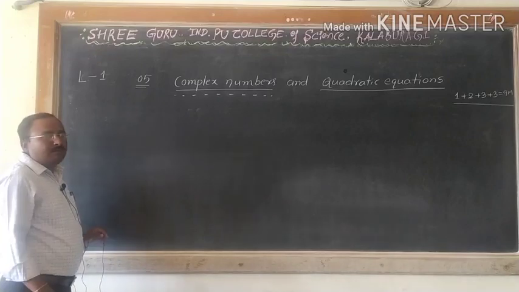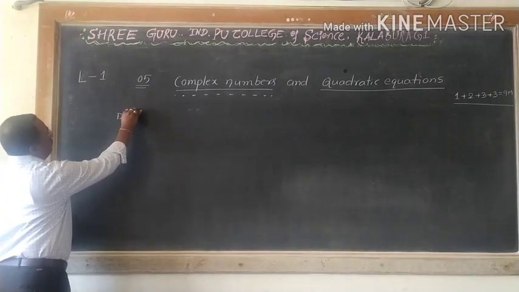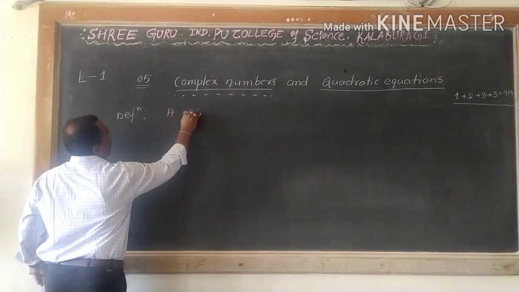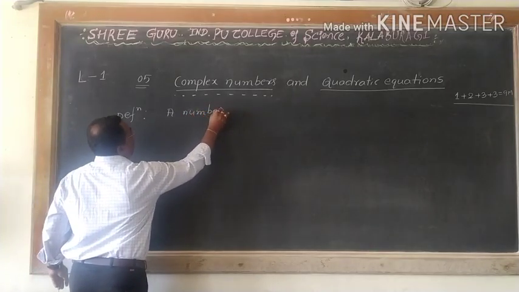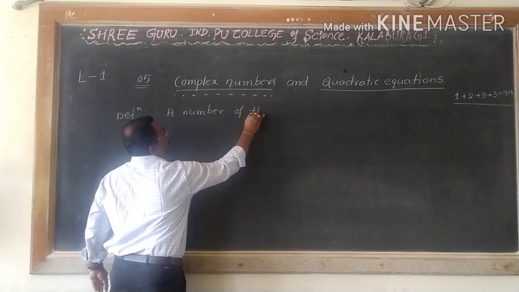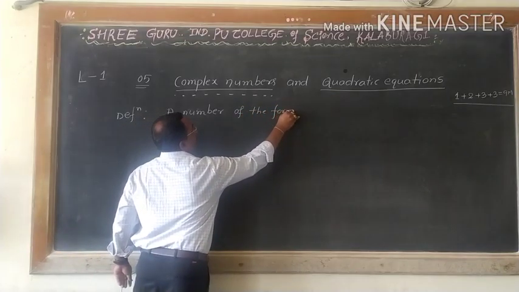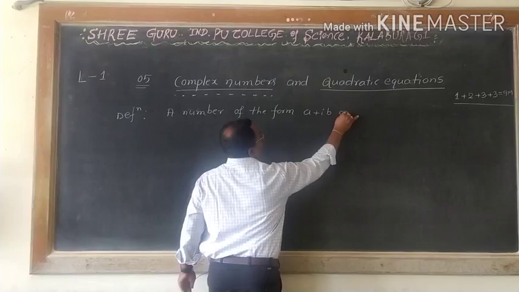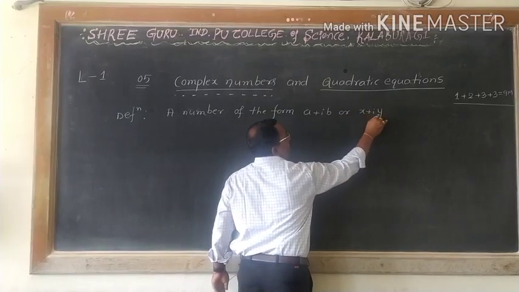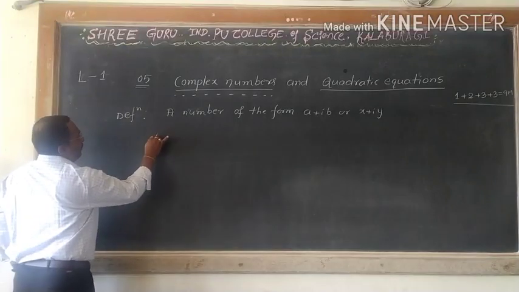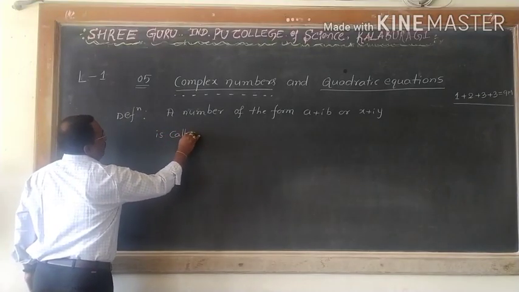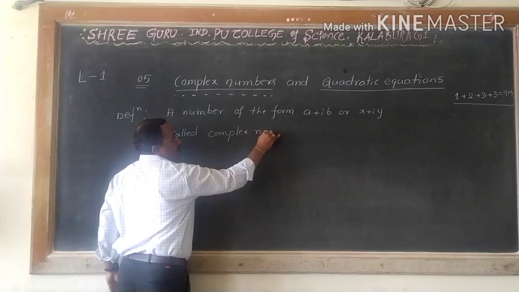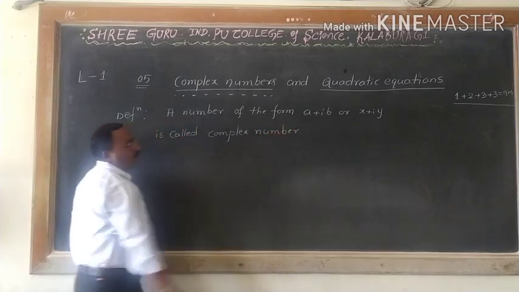Definition: a number of the form a plus ib or x plus iy is called a complex number.